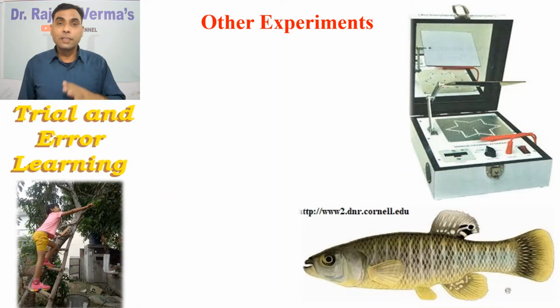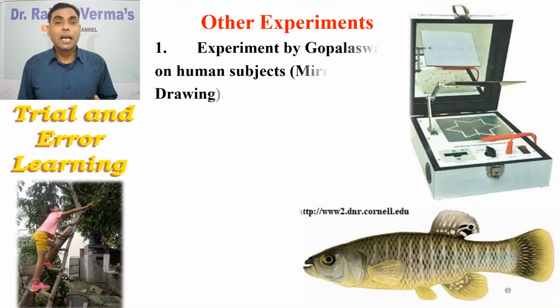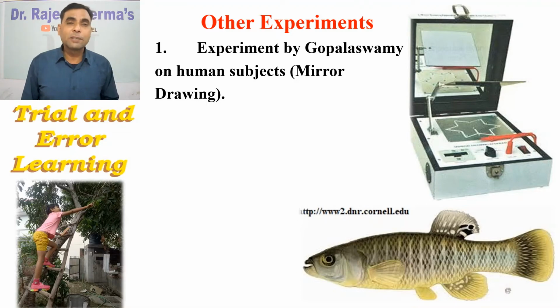Along with that, other experiments were also done to attest the theory given by Thorndike. Then Gopalaswamy conducted an experiment on human subjects using the mirror drawing experiment. He took 6 trials by the right hand, then the left hand, and he correlated the data with intelligence.